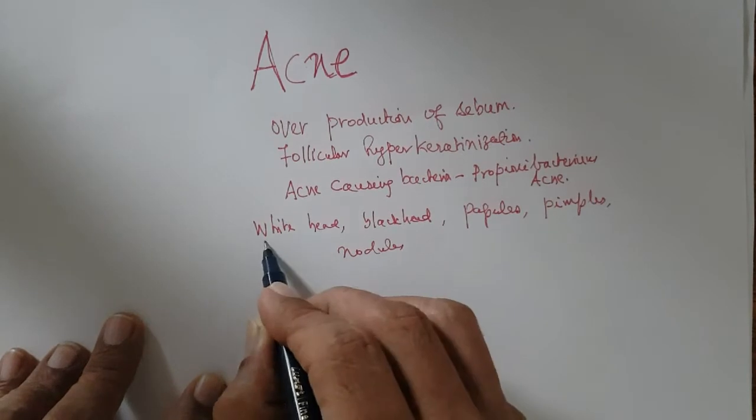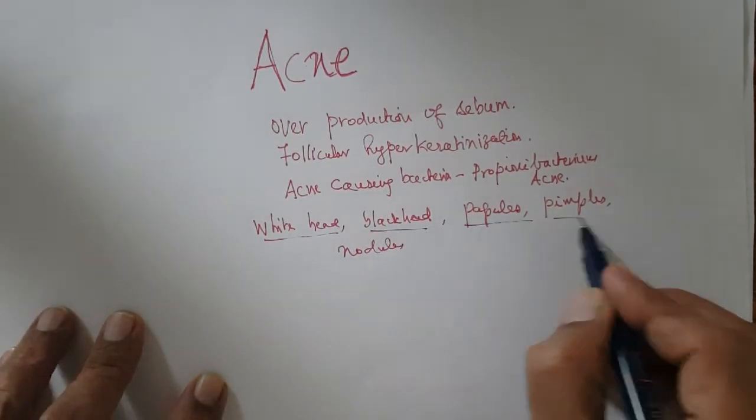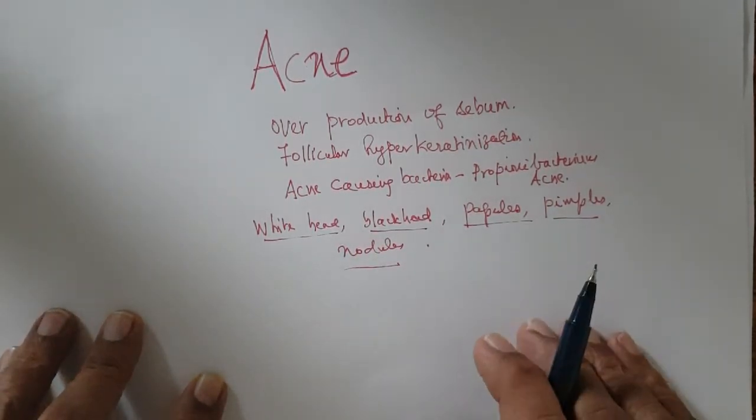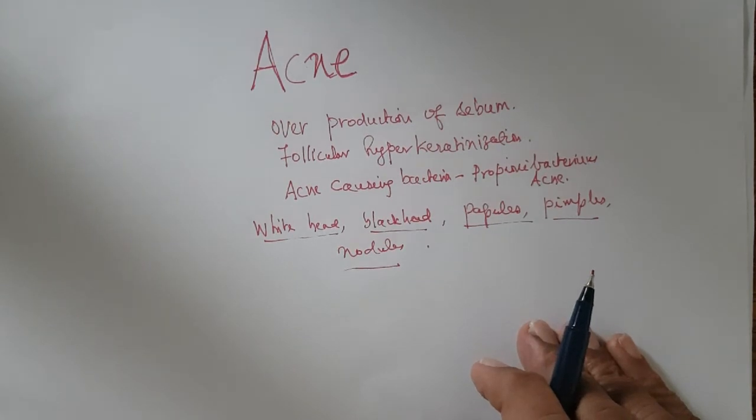Okay, whitehead, blackhead, papules, pimples and nodules. Whiteheads are closed plugs, which we will see. Blackheads are open plugs. The melanin in the stratum corneum gets oxidized and turns black in the open portion.